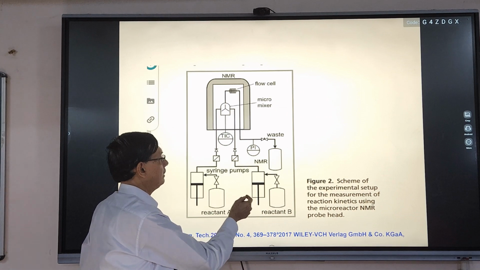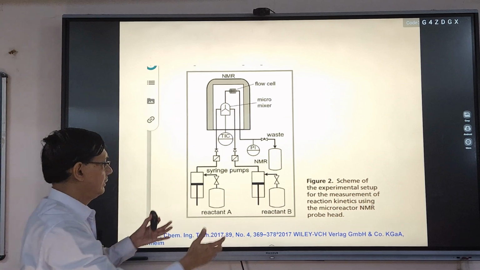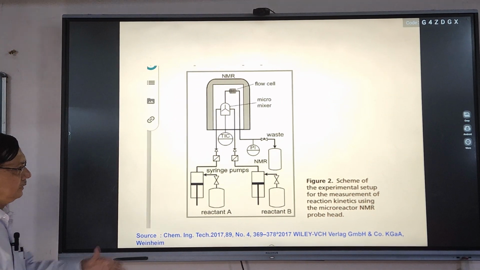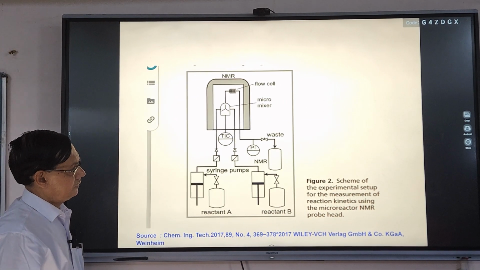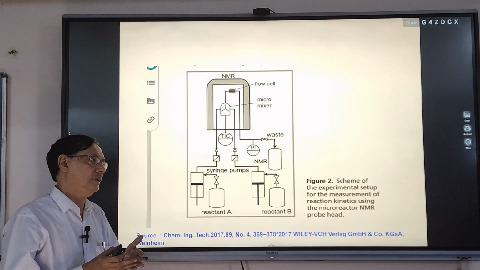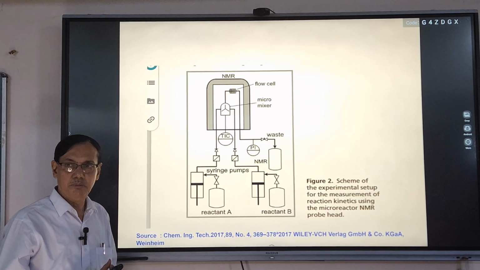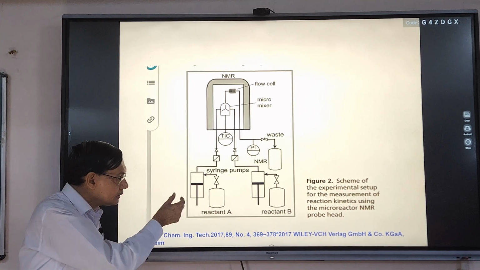Without any manual system, we have to pump the reactants, and then it can be monitored through the computer and other things. So now you can understand the principle is exactly the same, but the technique is slightly different.